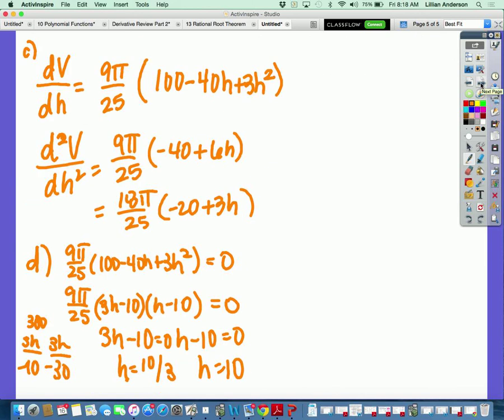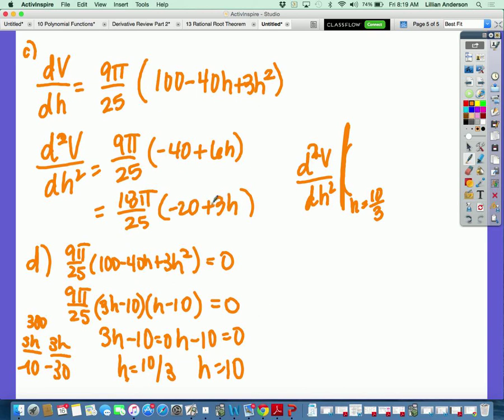I have two values here, and I want to figure this out. So what I can do is use the second derivative test, which they probably want you to use, especially if they ask you to find the second derivative. If I do it with 10 over 3, I plug in: 10 over 3 times 3 is just 10.